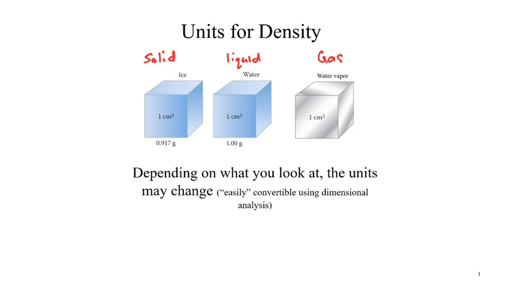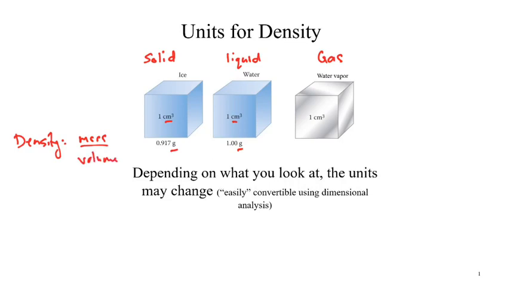If we consider the units for density, what units should we actually use? Well, if we take a look at the solid and the liquid, you'll note that we're actually specifying units for those. Our density, if you remember, is the relationship between mass and volume. By definition, we go as mass over volume, though really it doesn't matter.